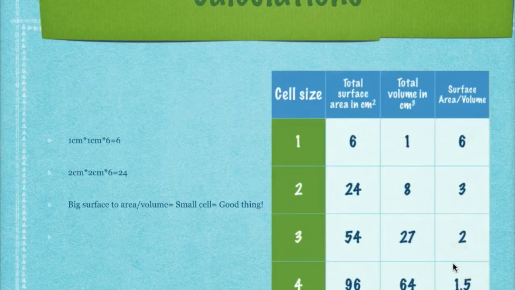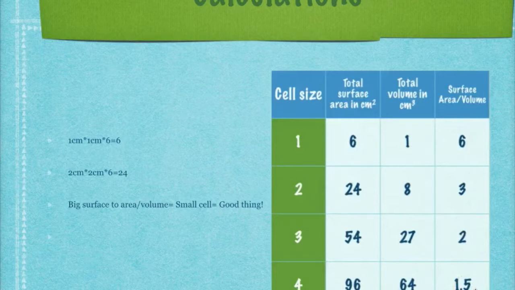So this tells us that the small cells have a much bigger ratio than the bigger cells. The cell of 1 centimeter by 1 centimeter has a bigger ratio than the cell with 4 centimeters by 4 centimeters, which is only 1.5.